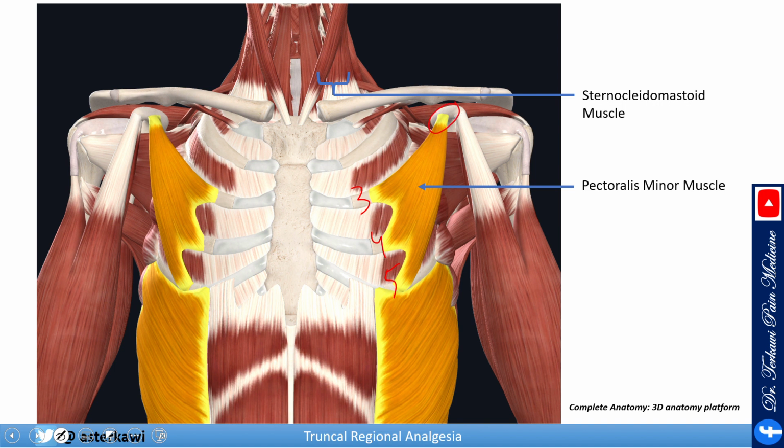It is innervated by the medial pectoral nerve, and its function is to depress the tip of the shoulder and protract the scapula. Down there we have the external abdominal oblique muscle, which I will cover when we talk about the abdominal wall muscles, but it's in the same fascial plane.